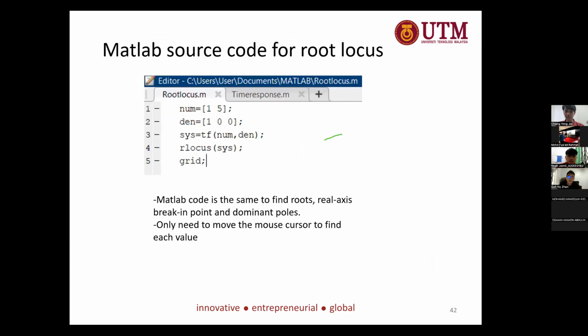This is my MATLAB code for root locus. Firstly, I define the open loop transfer function, and then I run the root locus command to create it. So I only need to move the mouse to find each value of the roots, real axis, breaking point, and dominant poles.